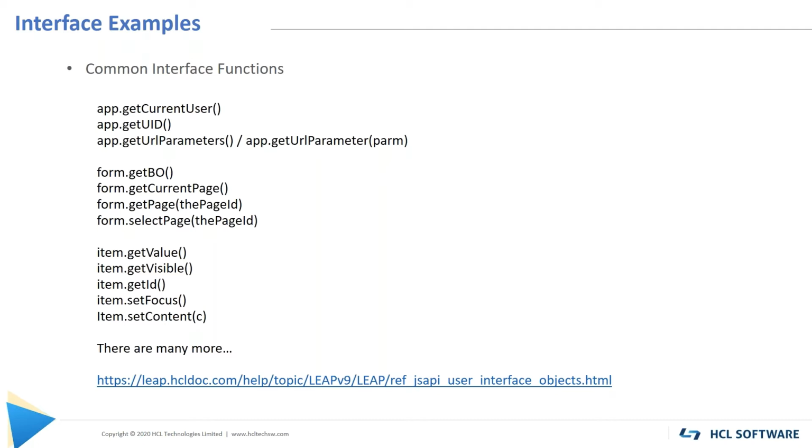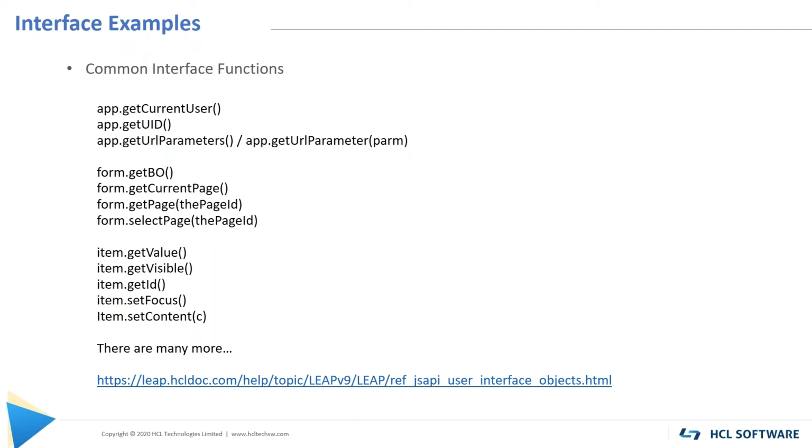Now, get current user returns you the login ID of the current user, so it'll be environment specific for whatever you've defined your login attribute to be, whether that's mail or a unique ID of some kind. App get UID gets you the application GUID. I'm not going to go through all of these, but they're pretty self-explanatory.